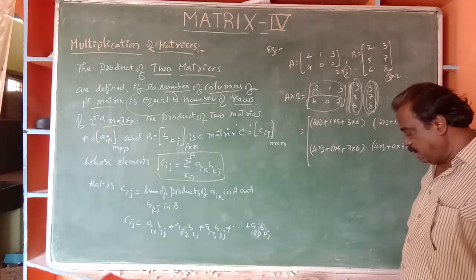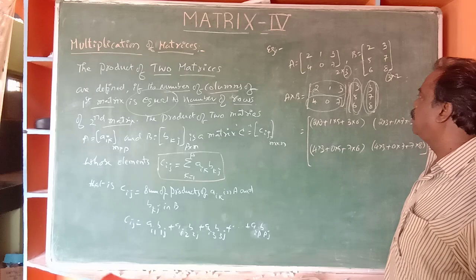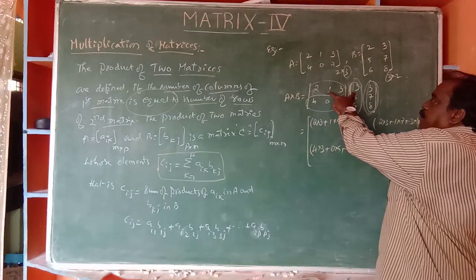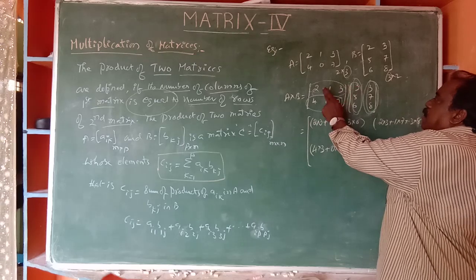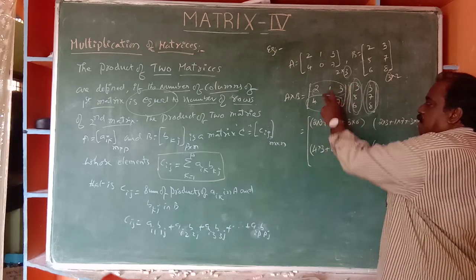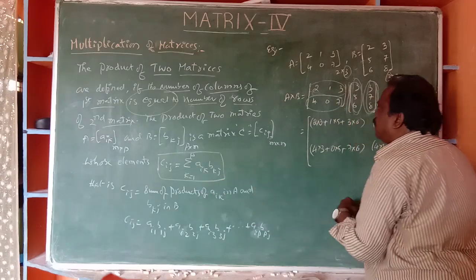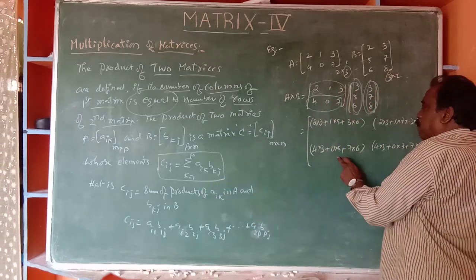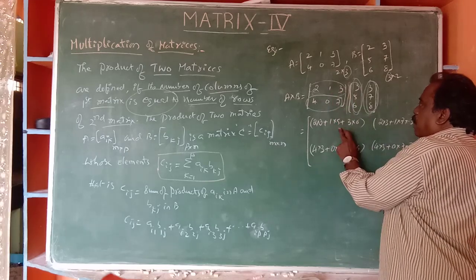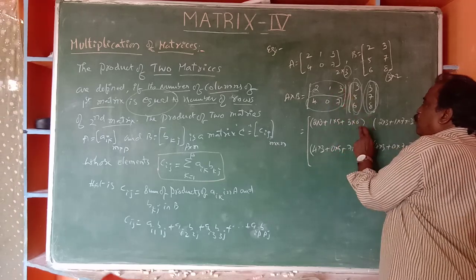Okay? Once again, I will repeat. The first row, first column: 2 into 3 plus, we have to make the sum of products, 1 into 5 plus 3 into 6.